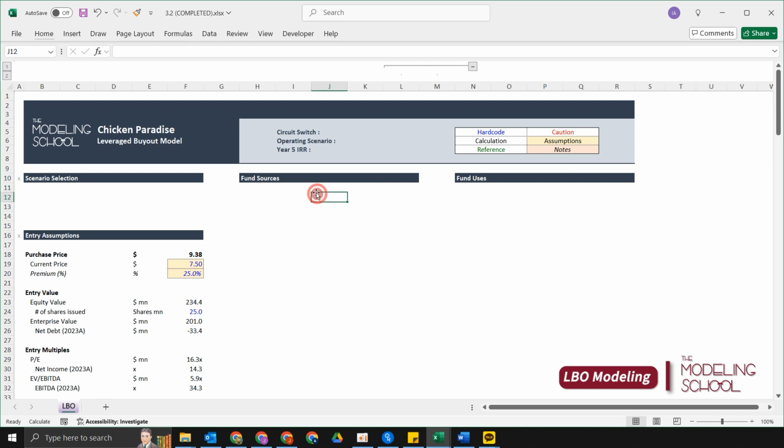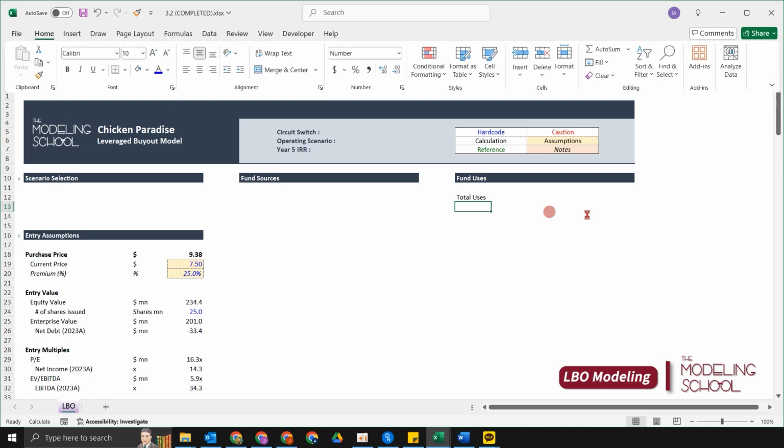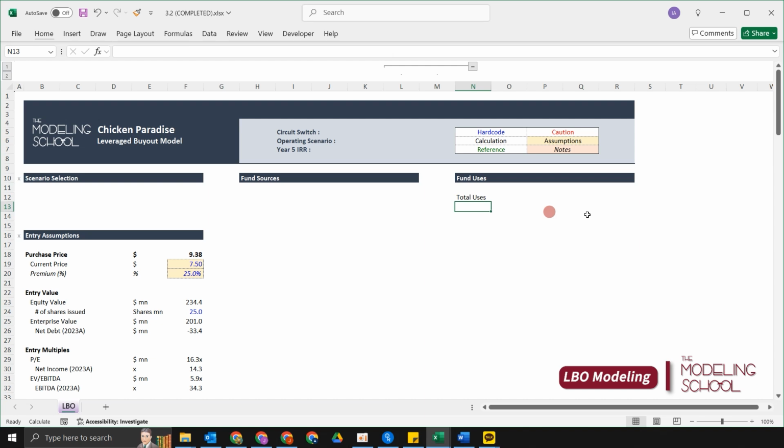So usually it's a better idea to finish fund uses first, because that way you can get an idea of how to organize the fund sources. So we're going to start from fund uses. We're going to have total uses. We're going to indent. The biggest value obviously would be the equity value. So for this deal, purchasing the equity value would be most important. And then the debt value as well.